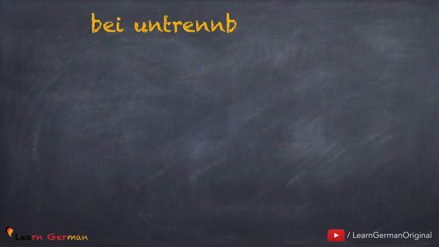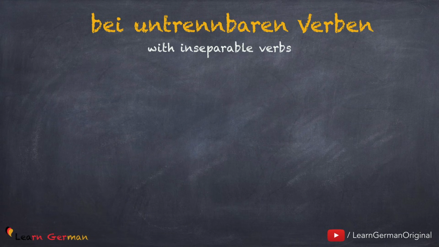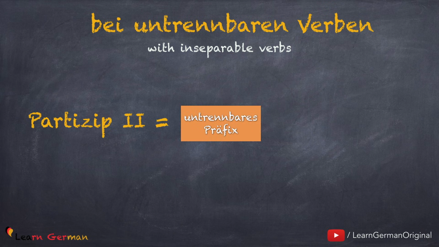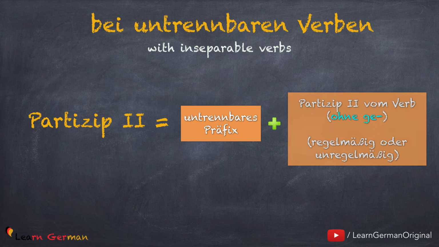Now let's see how to make Perfekt for untrennbare Verben. In this case, the Partizip II will have the untrennbares Präfix with Partizip II vom Verb, but without ge. This verb could be regelmäßig oder unregelmäßig.